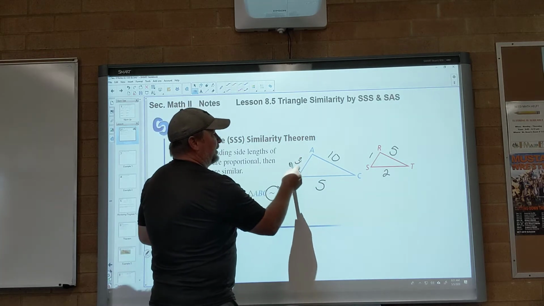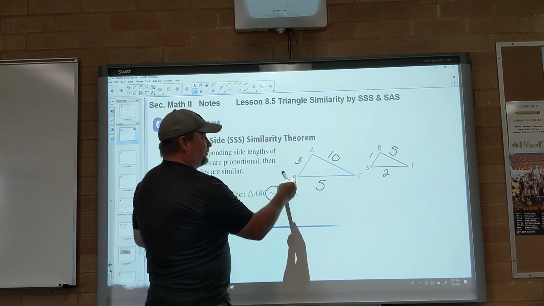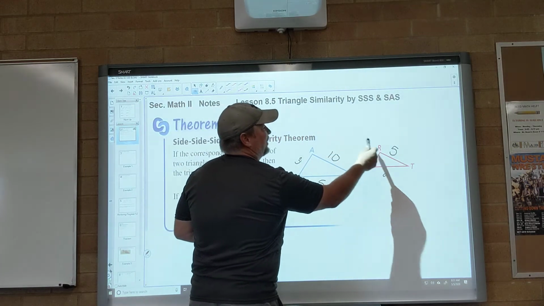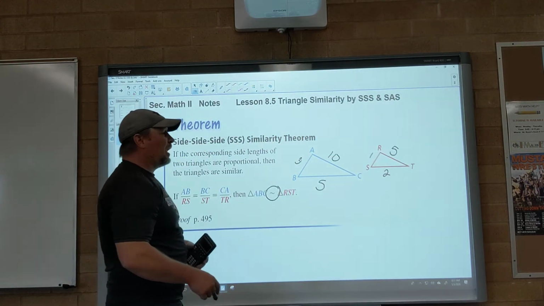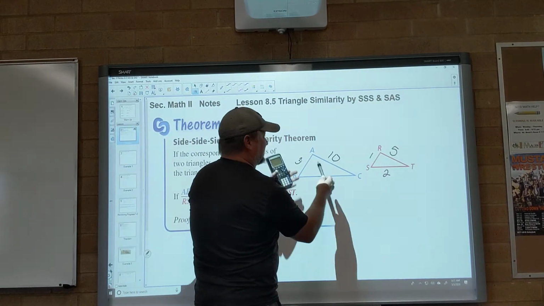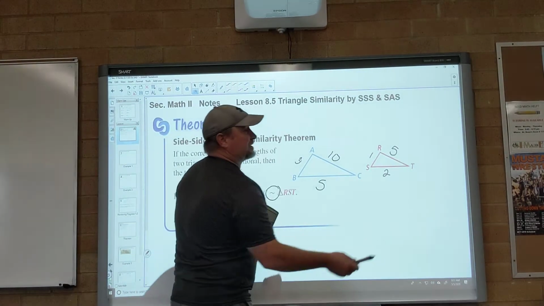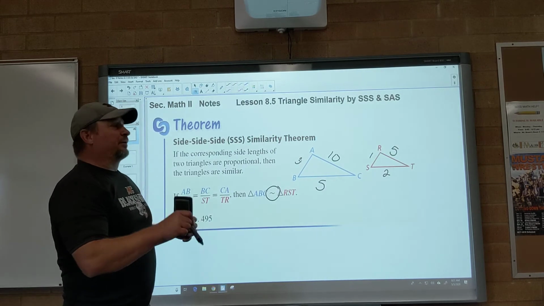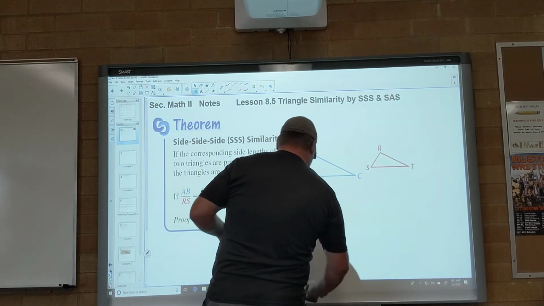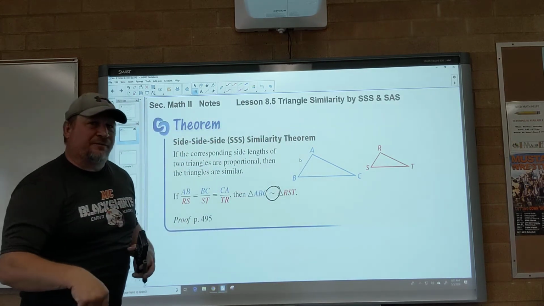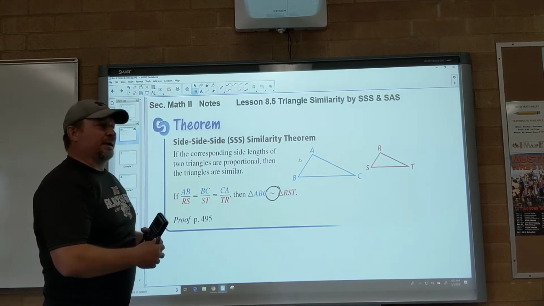This 3 is the smallest number, so the 1 is the smallest number. Those would have to go together. And then obviously the 5 is the middle size number over here. The 2 is the middle size number over there. They would go together. Once you have that, you can set up your proportions. And remember, it never matters what you pick first. It only matters what you start picking next.